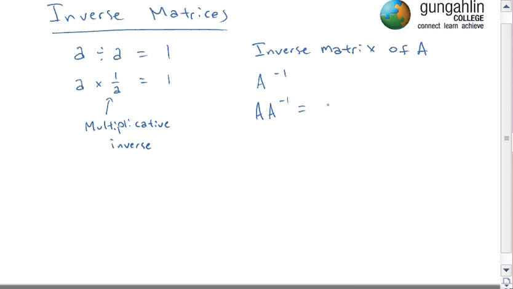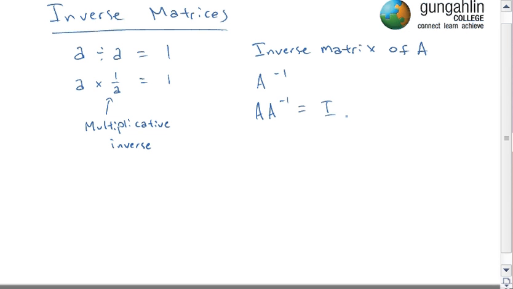We should expect it, though, to be equal to the identity matrix. Why is that? That's basically because the closest thing that we have for matrices to the number 1 is the identity matrix, and that's because if you multiply any matrix by the identity matrix, it gives you back that same matrix again, just like when you multiply any number by 1, it gives you back the same number again.